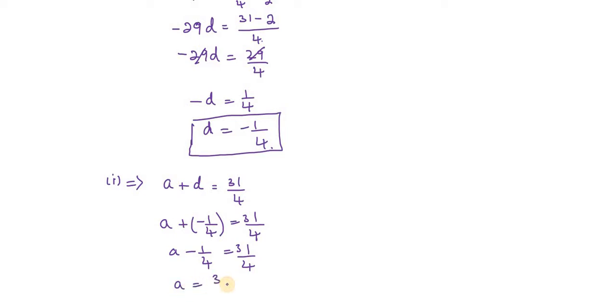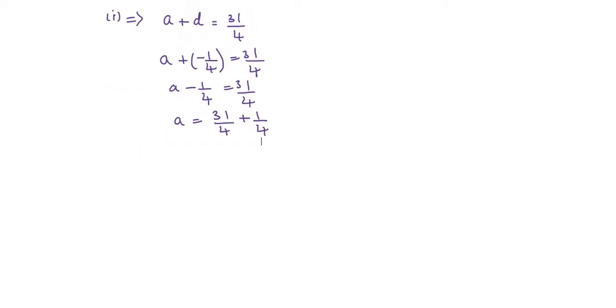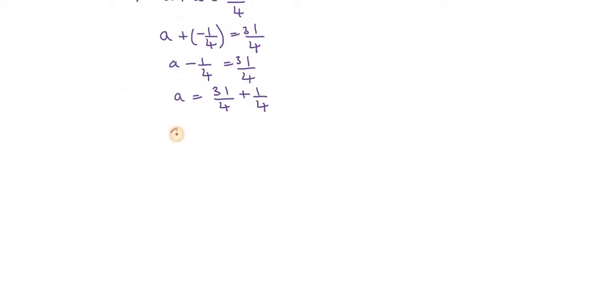A is equal to 31 upon 4, this is minus 1 upon 4 is negative here, and other side of equality will be positive 1 upon 4. After this we take LCM and find the value of A. This 4 is LCM. 31 plus 1 is 32. 32 upon 4 means 8. The value of A is 8.